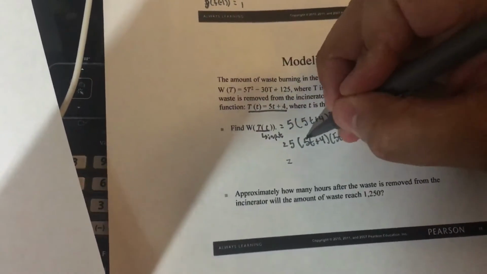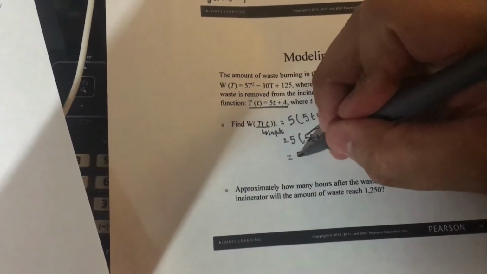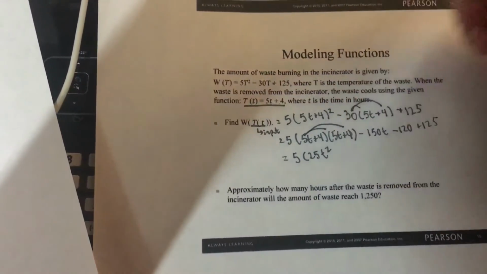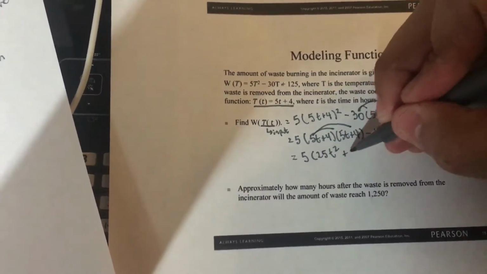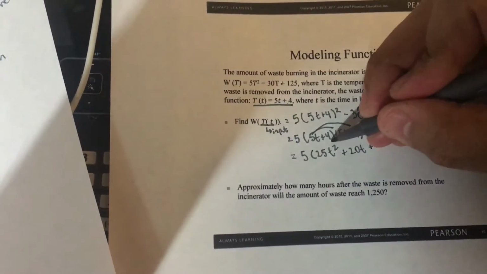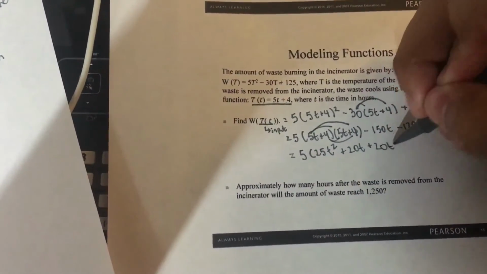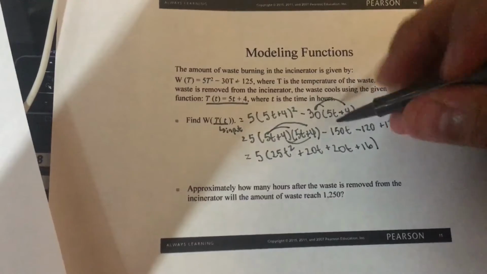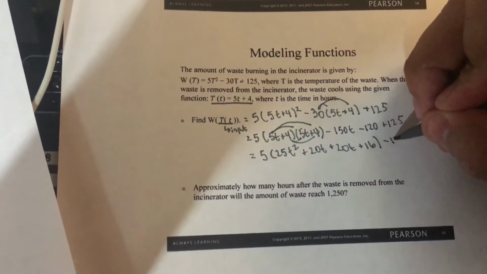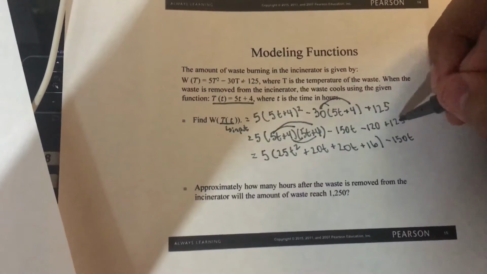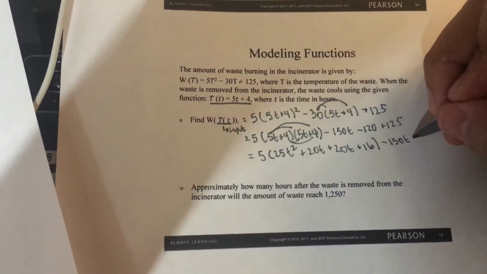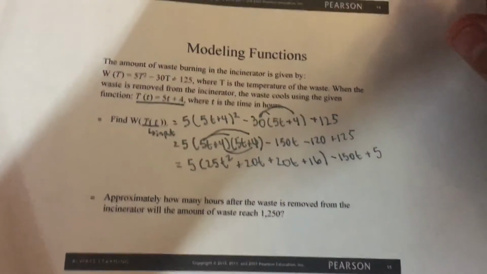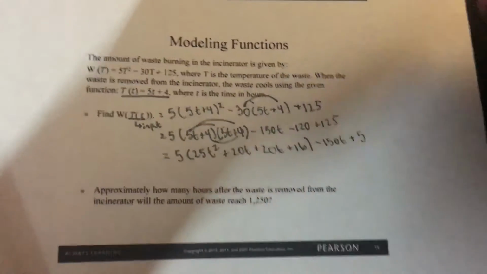Continue to work with this. So this becomes 5 multiplied by 25t squared plus 20t plus 20t plus 16. Okay. Again, this is only this part right here, minus 150t, and we can go ahead and add these numbers, which negative 120 plus 125 is plus 5. Okay. Now I don't want you to get scared about this, guys. If you have a problem like this, you would have a calculator.